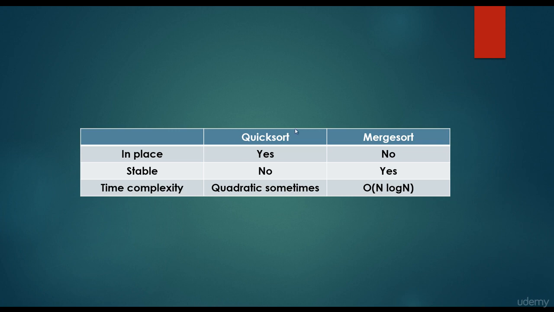As you can see, again, there is a trade-off whether to use quicksort or merge sort. Quicksort is going to be in place, but it's not going to be stable. Quicksort is usually faster than merge sort, but in a worst case scenario, it can have quadratic running times. So again, it's quite common concerning algorithms and data structures that there is a trade-off in what algorithms to use.